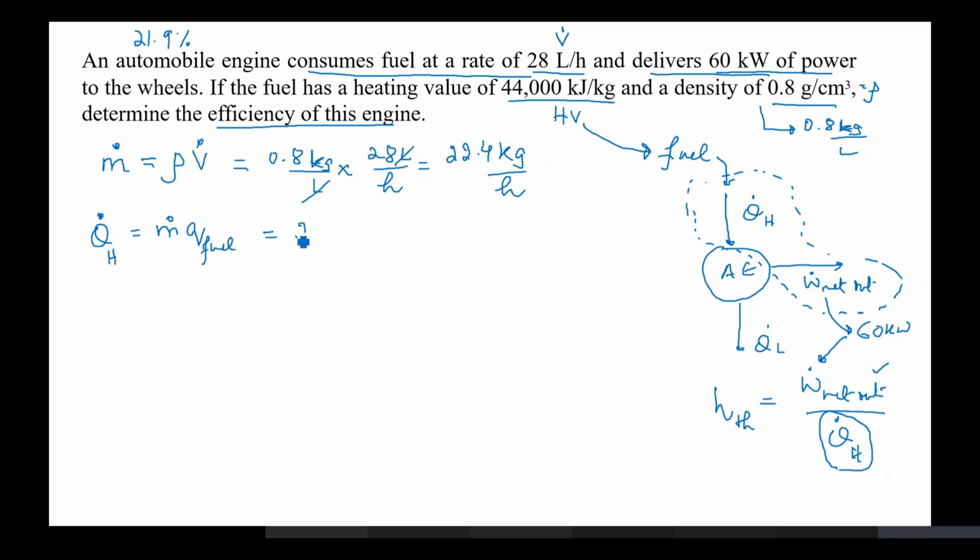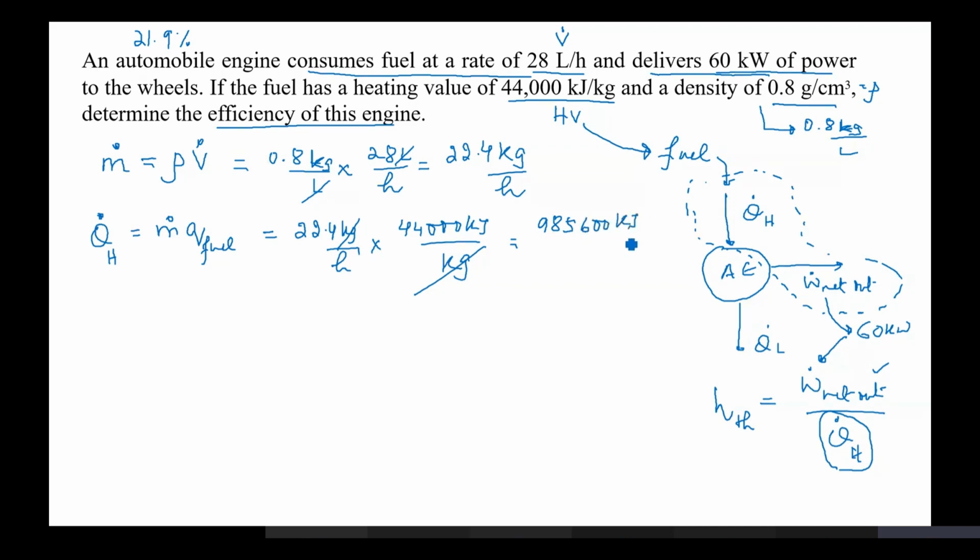Mass flow rate is 22.4 kg per hour multiplied by the heating value of the fuel, which is 44,000 kilojoules per kg. The kg would cancel out, and 22.4 multiplied by 44,000 gives 985,600 kilojoules per hour.